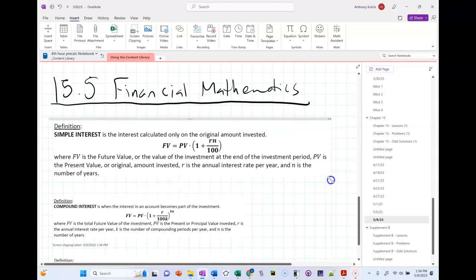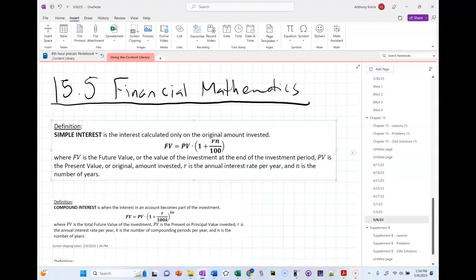So we're just going to handle these one at a time. In simple interest, the interest earned is only based on the initial amount of money invested. So the simple interest formula: FV is equal to PV times (1 plus RN over 100).